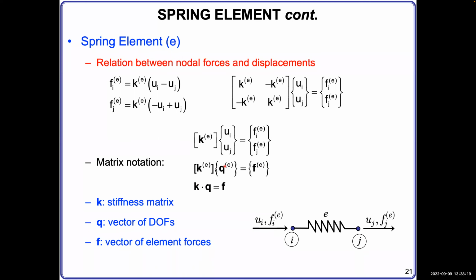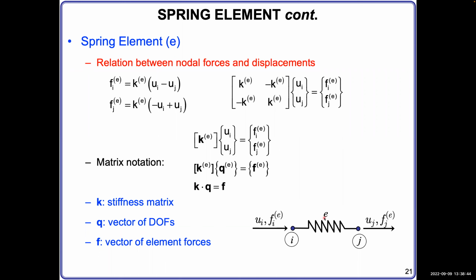This relationship can be written even more simply as K dot product Q equals F. K is the matrix. Remember previously we said the convention is capital bold symbols. Here we don't write it in capital because this is for a single element.